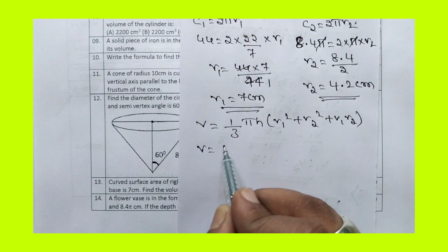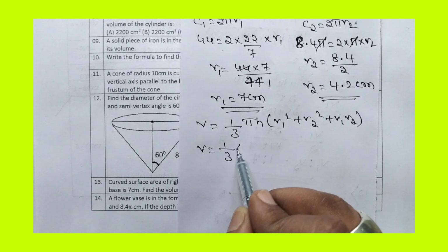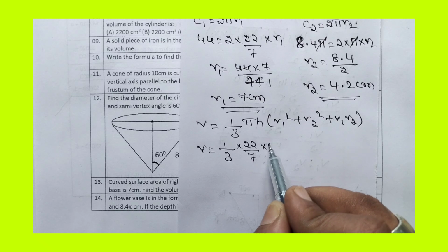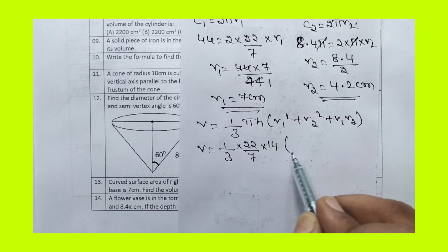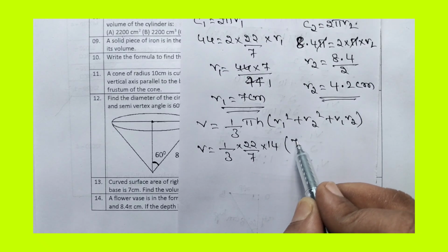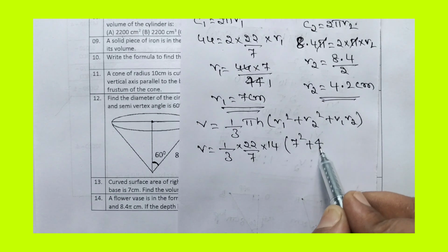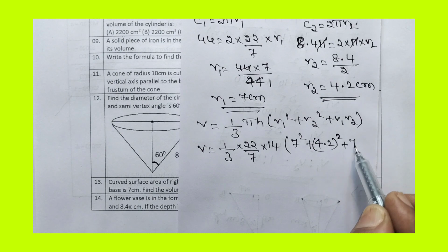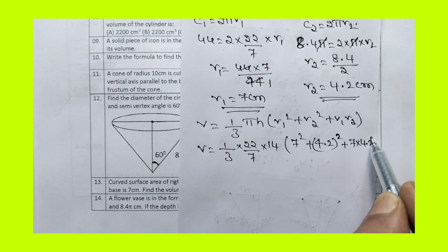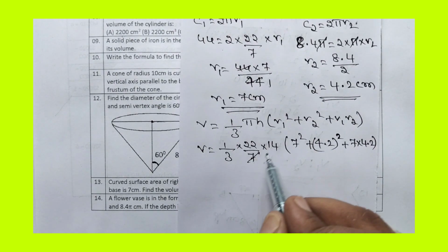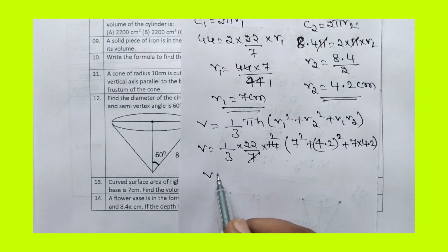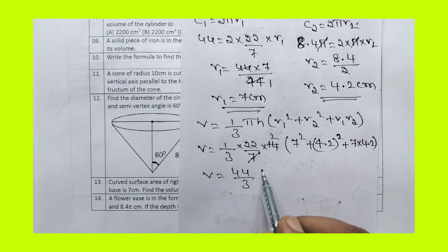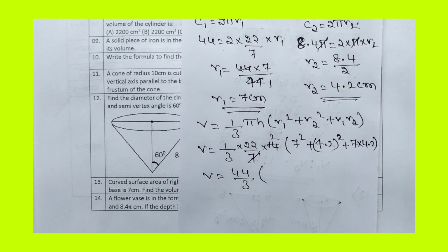So volume is equal to 1 by 3 into pi, that is 22 by 7, into h, height is given as 14, into R1 square, it is 7 square, plus R2, 4.2 whole square, plus R1 7, R2 4.2. So 7 ones are 7 twos. Volume is equal to 22 twos are 44 divided by 3 into, so we will get 7 square.